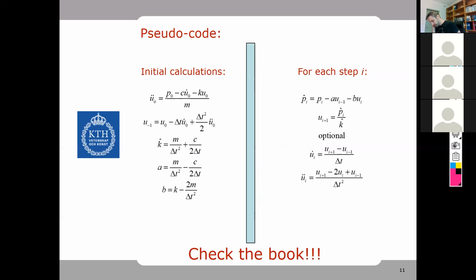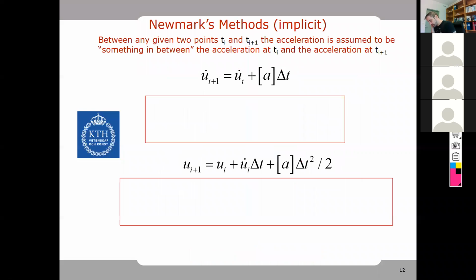Okay, that was the explicit method called the central difference. And now we're going to talk about the Newmark method, which is an implicit method.